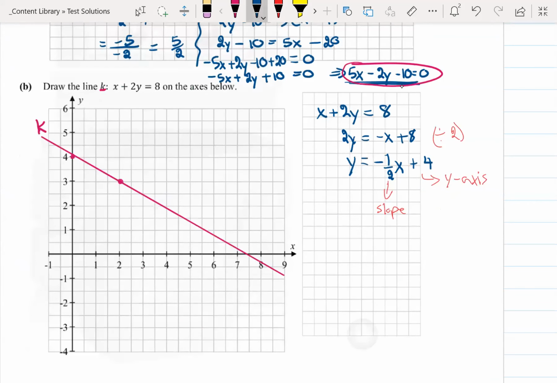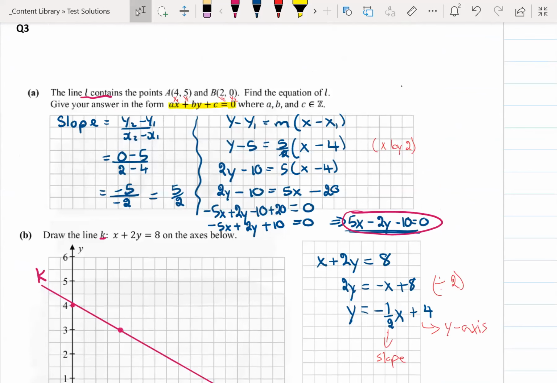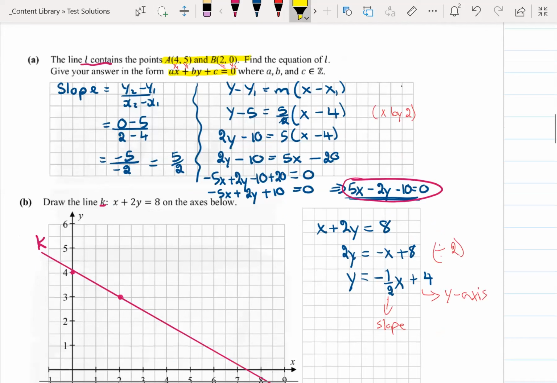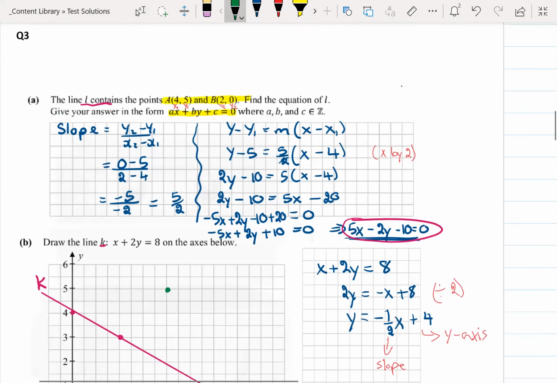We actually have 2 points on this line, A and B, up here. So we could just use those 2 points. 4, 5, let's use a different color for this one. We'll use green. So 4, 5 is there. That was the point A, and the point B was 2, 0.